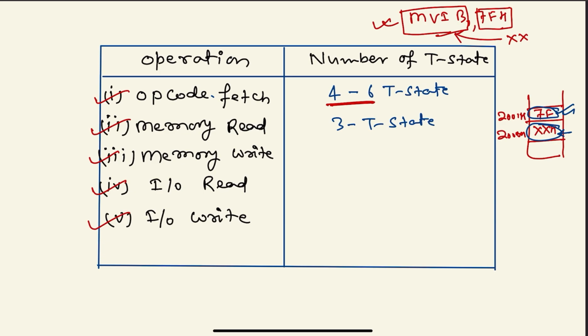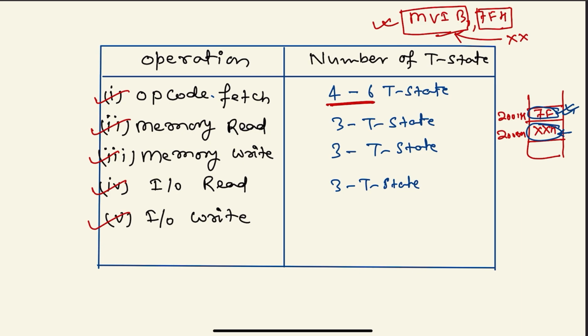Similarly, as with memory read, memory write also requires only 3 T states. We can understand this with better clarity in the timing diagrams of opcode fetch, memory read and memory write. Similarly, for IO read also, it requires only 3 T states, because this is very similar to the reading operation of 7FH.